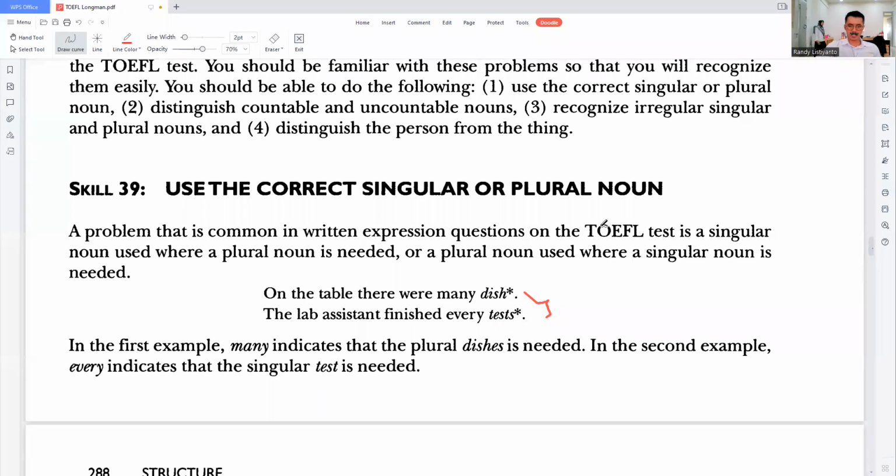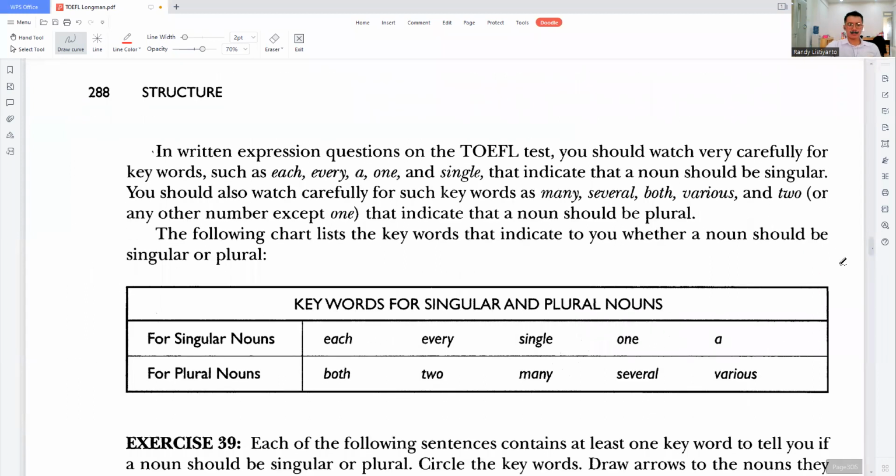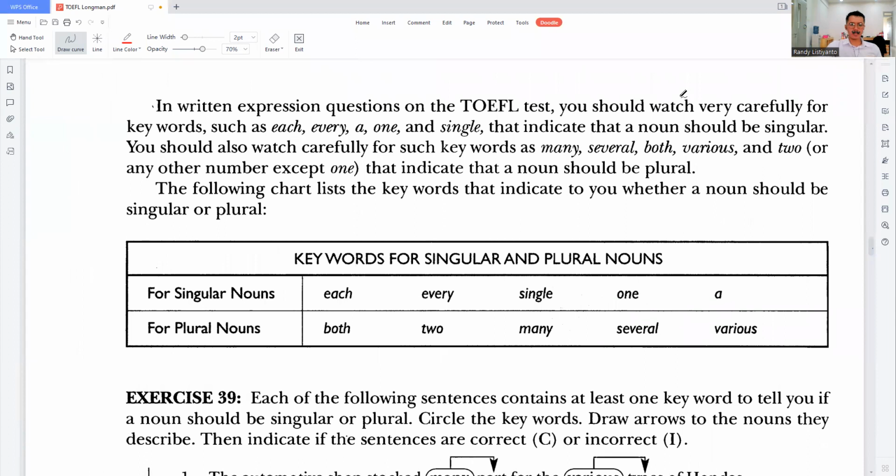Okay, let's move on to the next page. Pay attention to this. For singular nouns, we have each, every, single, one, and a.